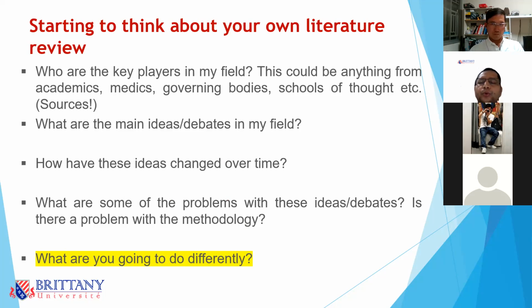So who is the established figure or academician in your field? What are the main ideas or debates in the field? How have these ideas changed over time? What are some of the problems of these ideas and debates? Is there any problem with the methodology? This will come out from your reading.